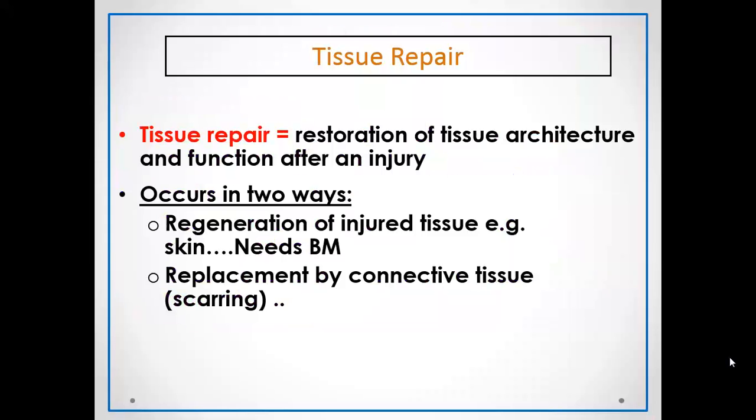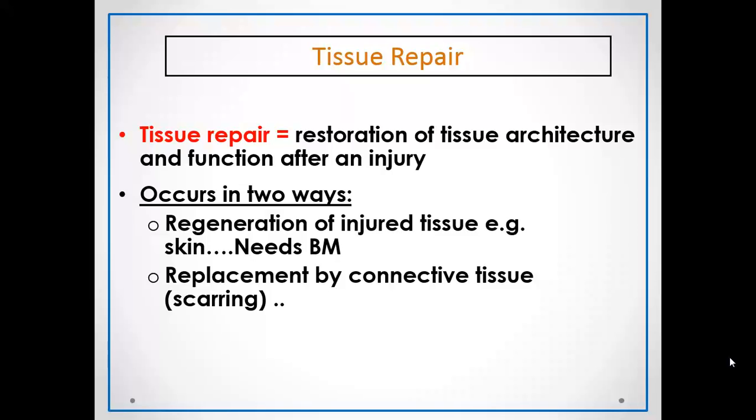Well, what is the definition of tissue repair? As we told you, it is restoration of tissue architecture and function after an injury, restoration of your photo's architecture and function after an injury. And this occurs in two ways: either regeneration of the injured tissue, and we say that some cells can easily regenerate, or the second way is replacement by another type of tissue.